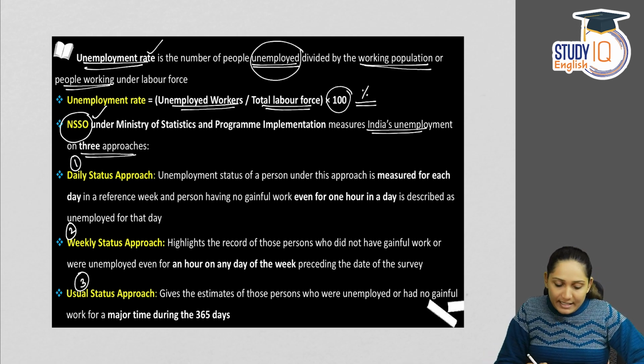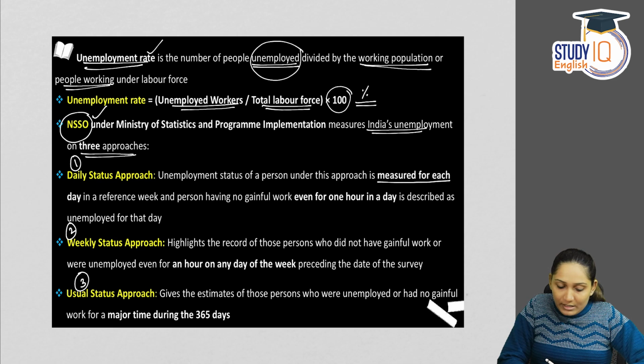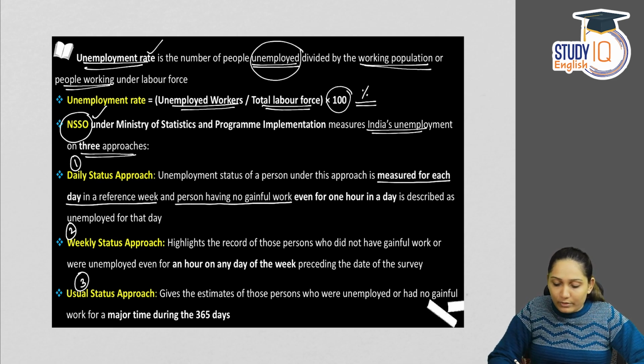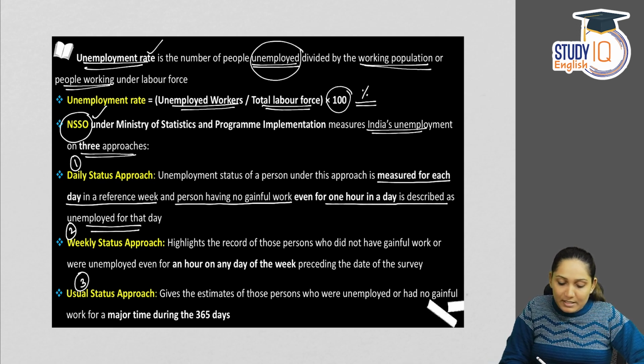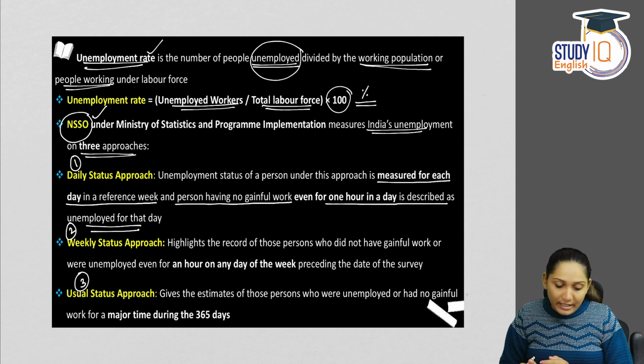First, coming to the daily status approach. Unemployment status of a person under this approach is measured for each day in a reference week, and a person having no gainful work even for 1 hour in a day is described as unemployed for that day.